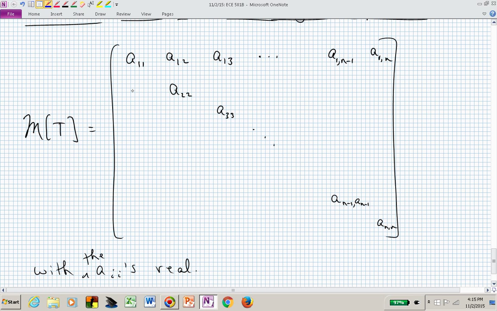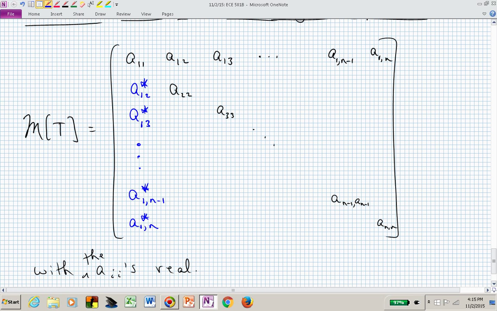So this is now A12 conjugate. We could do A13 conjugate, and keep going down this column consistent with the top row, since the transpose of that will give me the first column. And now that's the complex conjugate transpose of the top row.